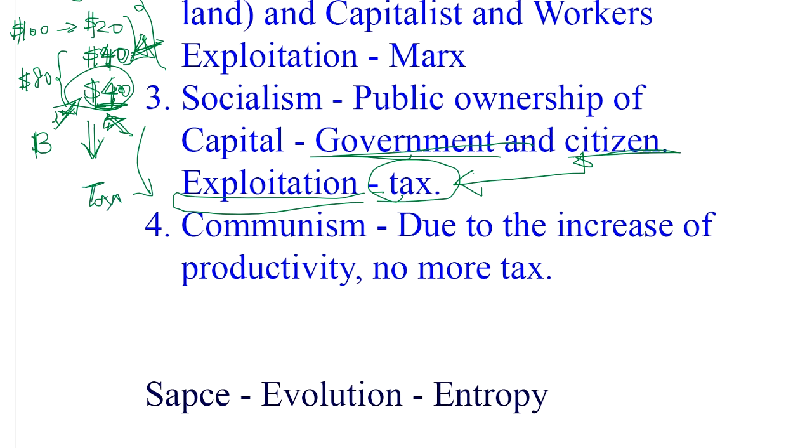And when robotics is introduced, what happens in socialism? The people work fewer hours. And under capitalism, people lose jobs.